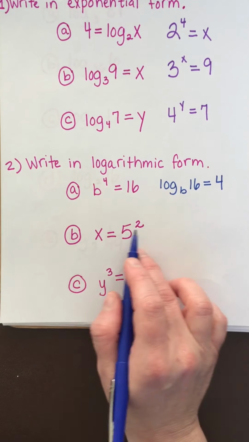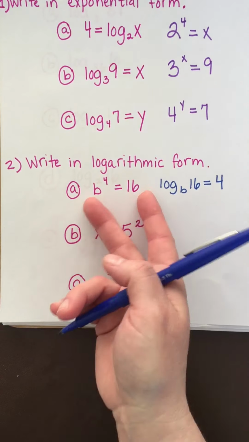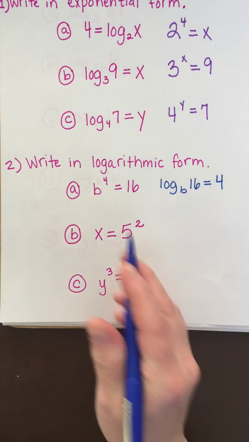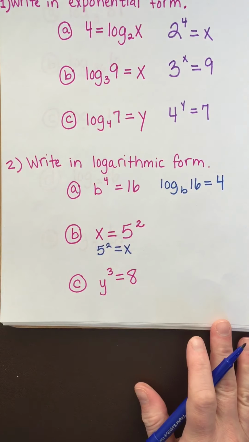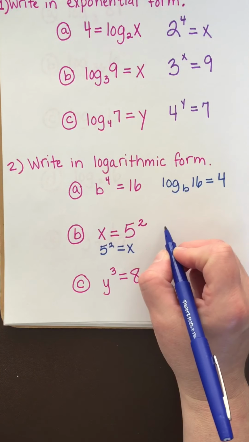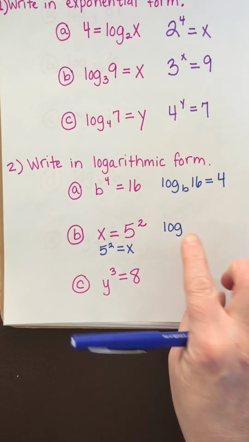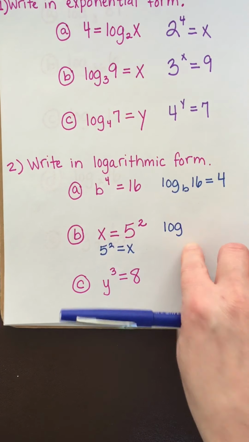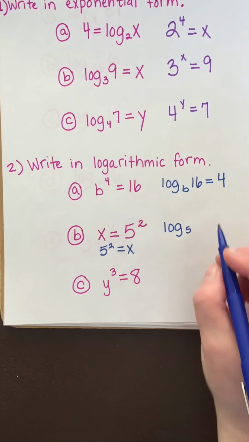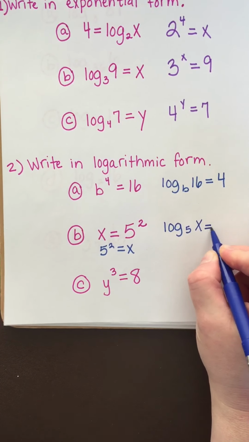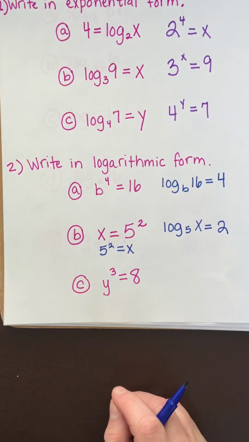So this one's written the reverse of this one, see? So if you want to rewrite it, 5 squared equals x. That makes it easier for you. So the log, what's the base going to be? Base 5 of x equals 2.